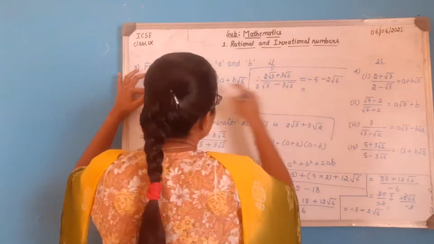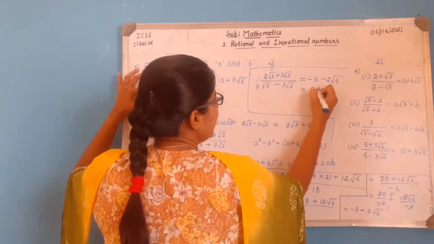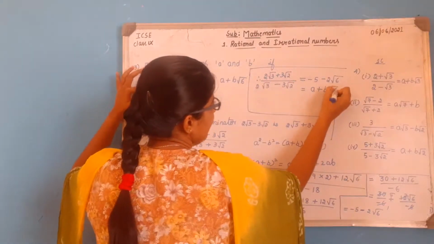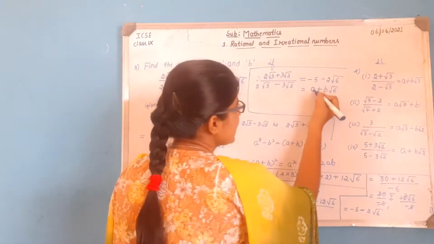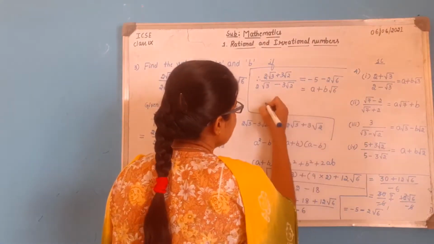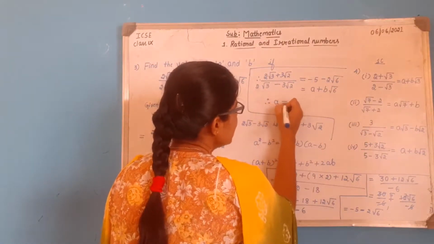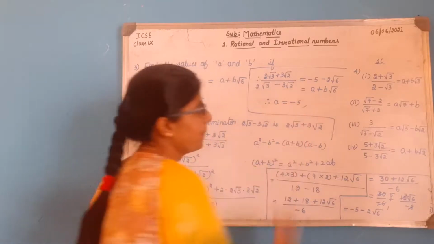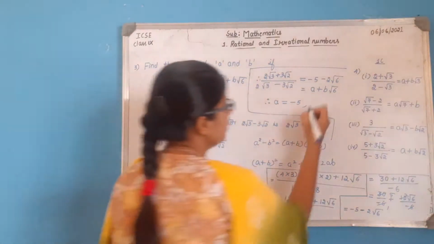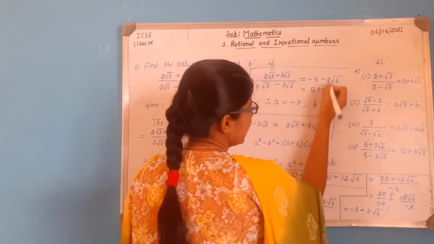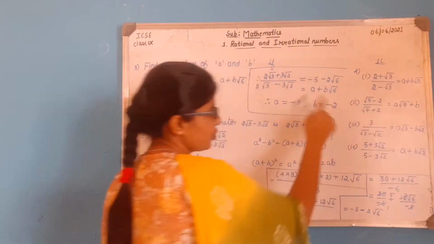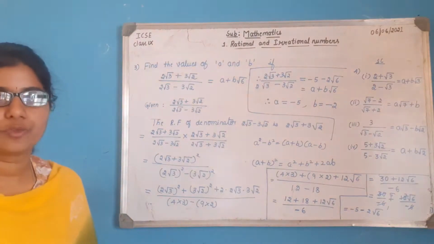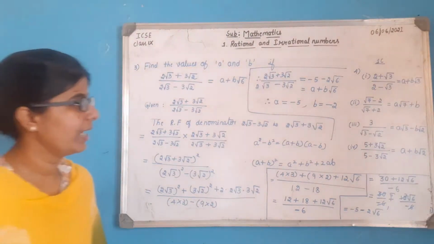When you compare this with a plus b root 6, what is present in a's place? Therefore a value is minus 5. Similarly, b value: what is in b's place? Minus 2. Because of the minus sign, we have to take minus 2. A value is minus 5 and b value is minus 2.